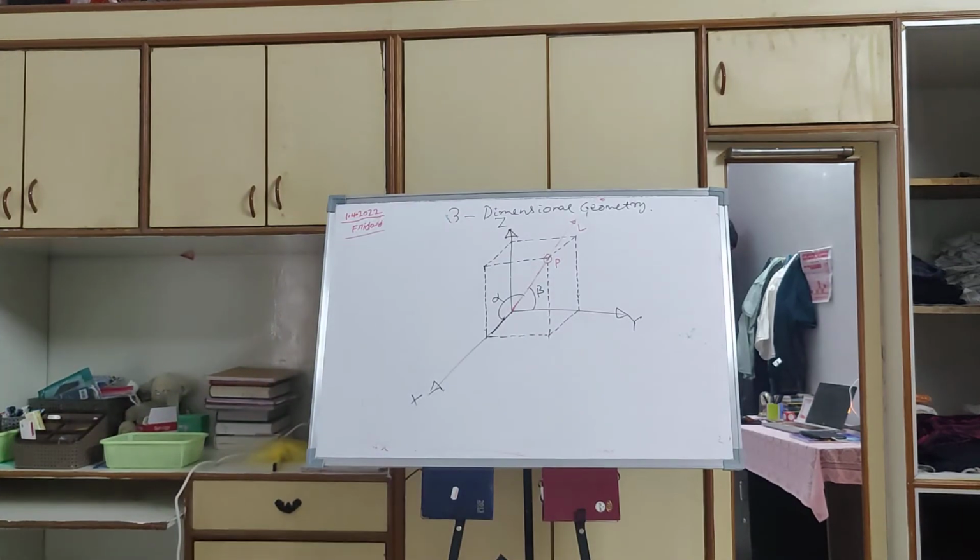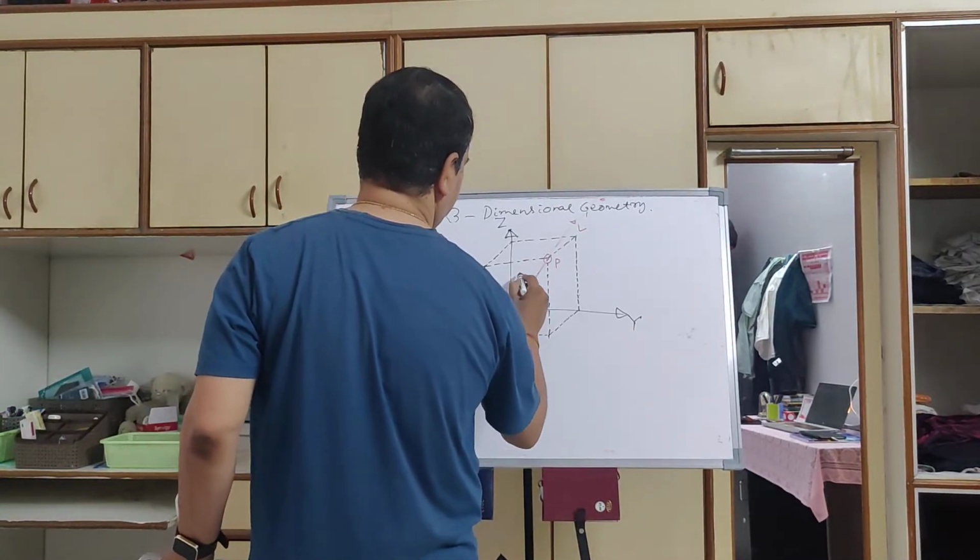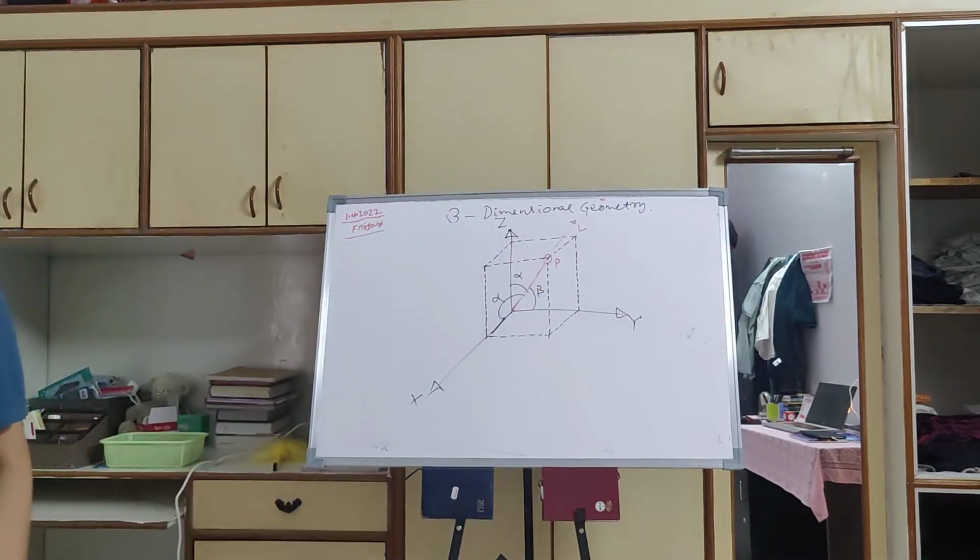So there are three angles. The third one, with the z-axis, is gamma.